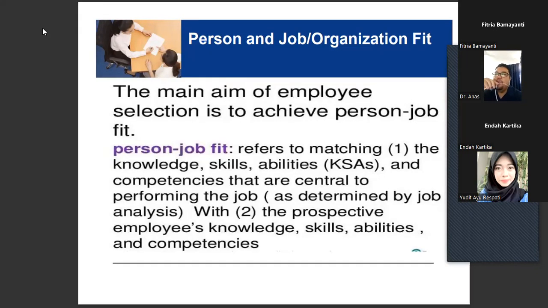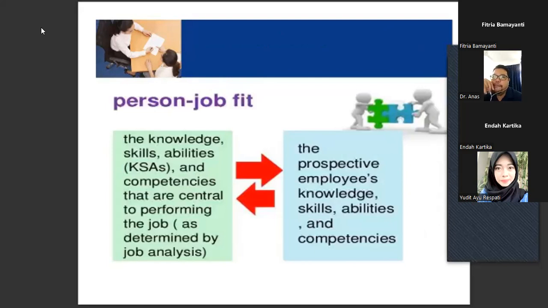Okay, the two refer to how the organization must make the right selection of the staff or employees. The first is person job fit.